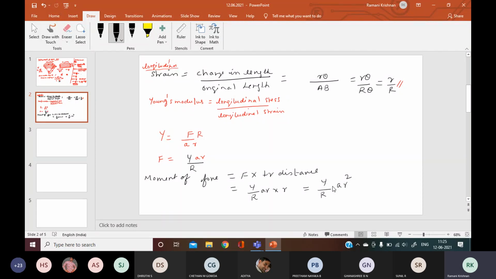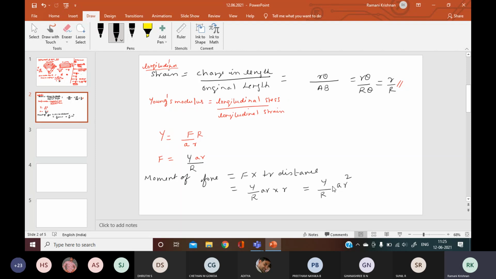We are seeing with respect to the axis only. This moment of force we are calculating about the neutral axis. But the force is with respect to A dash and B dash, ma'am. All the distances are R. Then we are going to sum up the force acting due to one layer, that is AB.